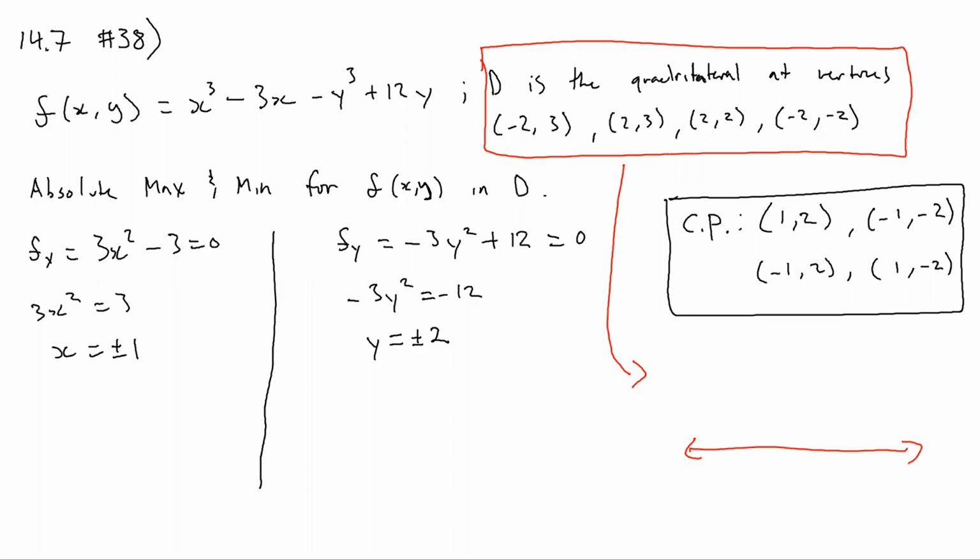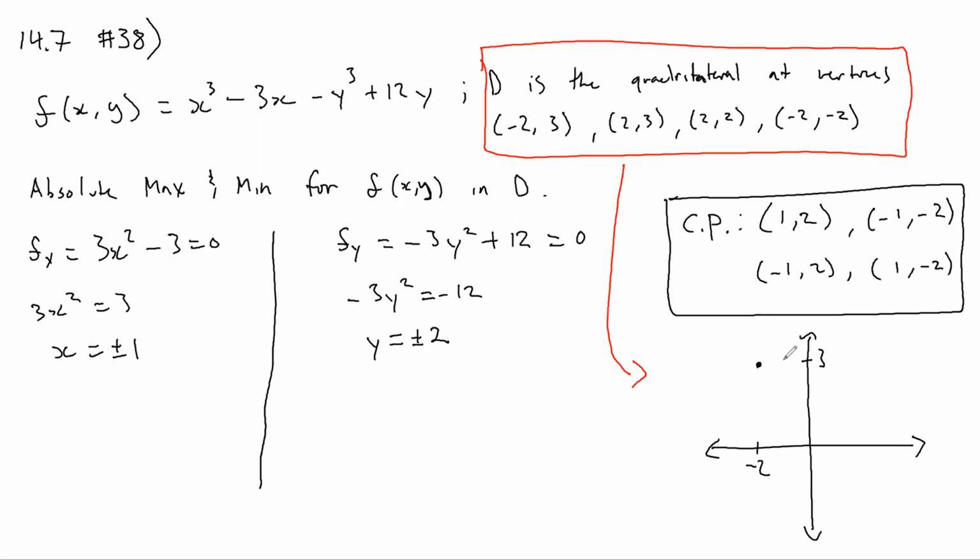We'll use black for the axis. We have this quadrilateral that looks something like this.